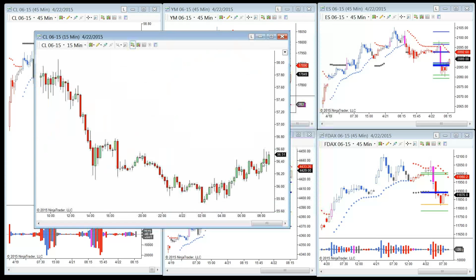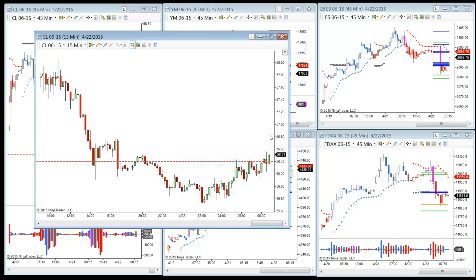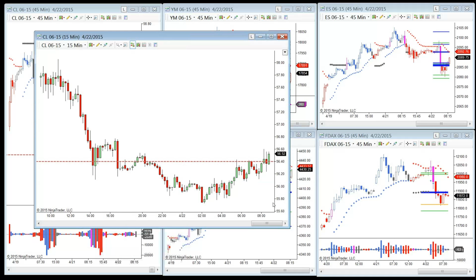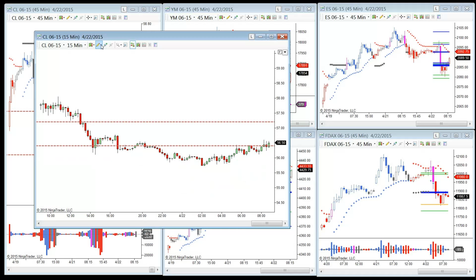Basically, right now we're trading right around 56.40. We know that it has the potential to move 84 cents up. So this is 20, 40, 60, 80, 57.20. And then it's got the potential to move 80 ticks down.